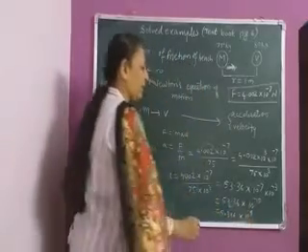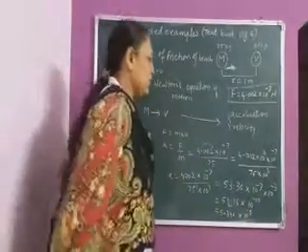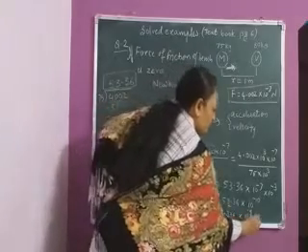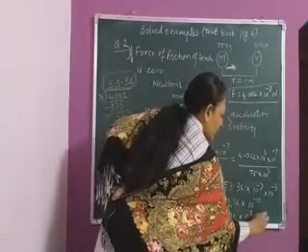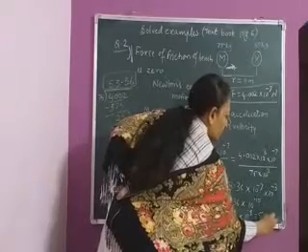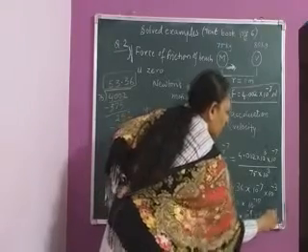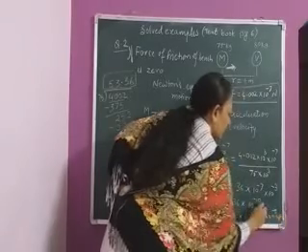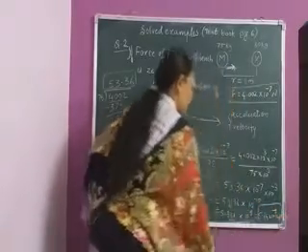Now, if you make the rounding of this number, 6 is more than 5, so this 3 will become 4. So 5.34 into 10 to the power negative 9 meter per second square is the value of acceleration.